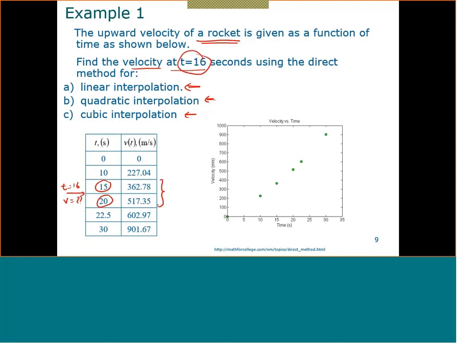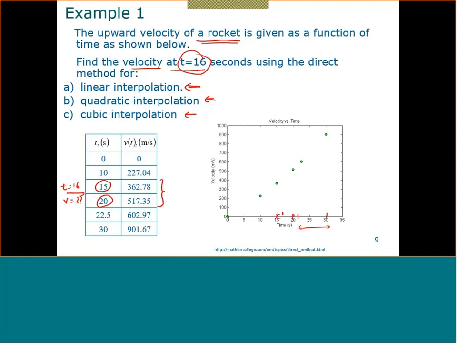I cannot go and find the interpolation between, let's say, 22.5 and 30, because that only governs the relation in the range between 22.5 and 30. I am not interested in this range. I'm interested between 15 and 20. This is my range, because I want to find the velocity at 16.